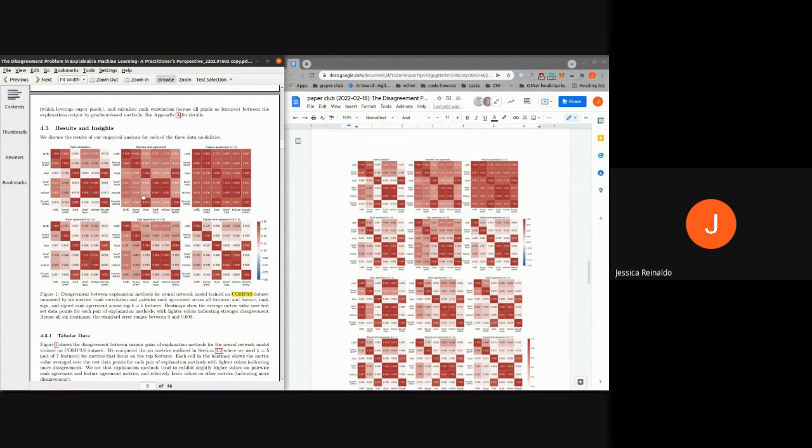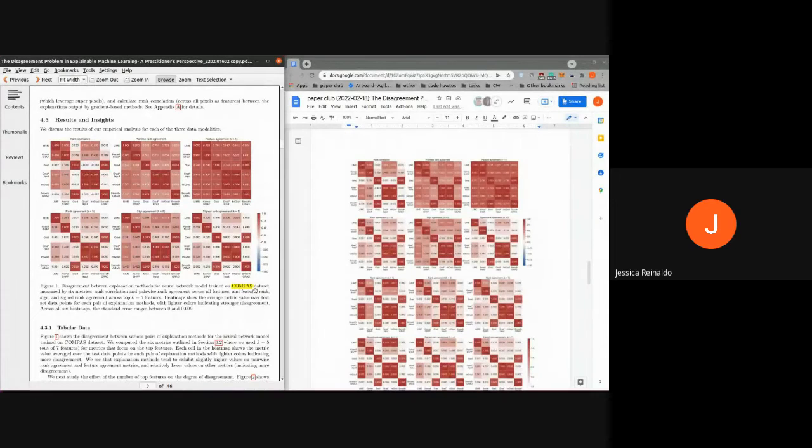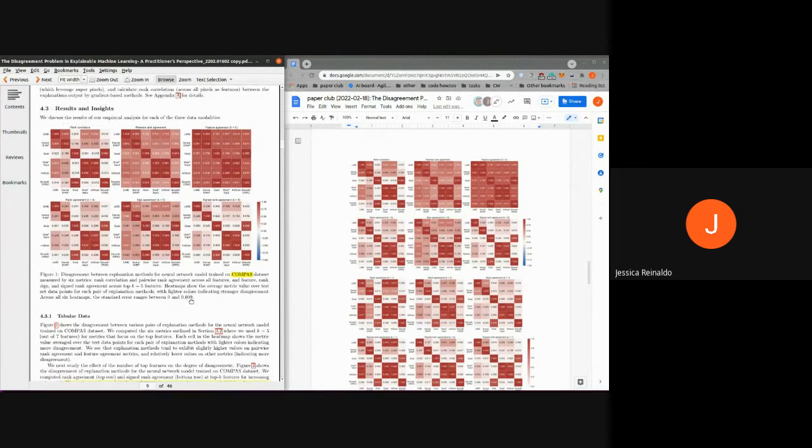For pairwise rank agreement, we have similar results. And this is feature agreement, and they show in the appendix different numbers of K. As I told you, COMPAS just has 7 features, so they show K equals 1 and 2 to 7.